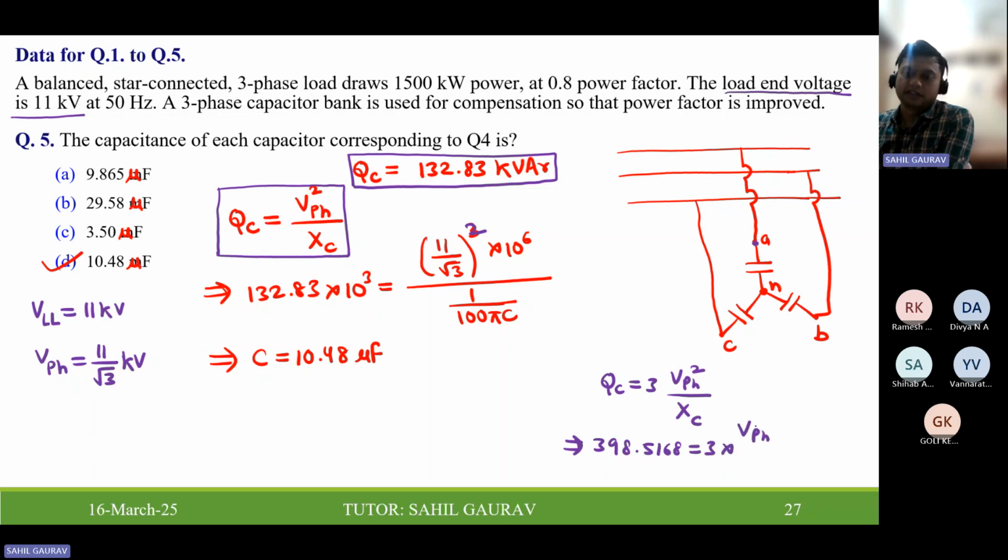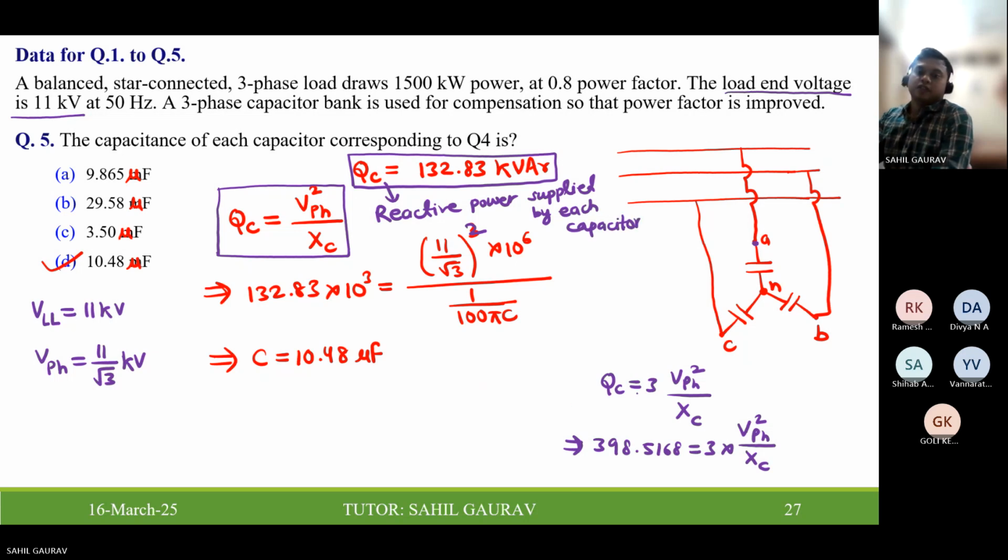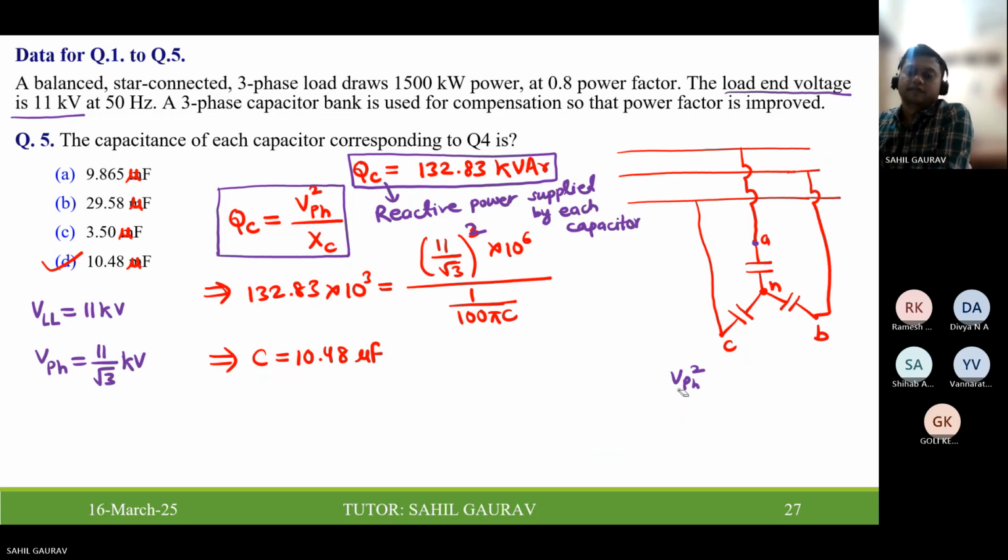You will get the same answer. So be careful while applying the expression. It is simple. Here, this reactive power is just supplied by each capacitor, so for each capacitor, Q is equal to V phase square by XC.